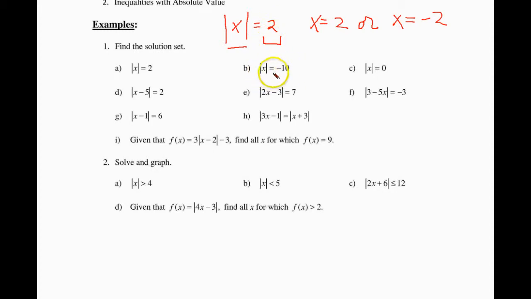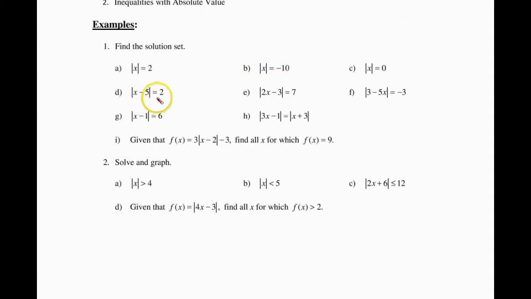So when you see something like this, the absolute value of something is equal to a negative, this is a no solution, because that's sort of an untrue statement. And then the absolute value of 0 is 0, and we don't have a plus or minus 0. So these are just some background things for you to be aware of.